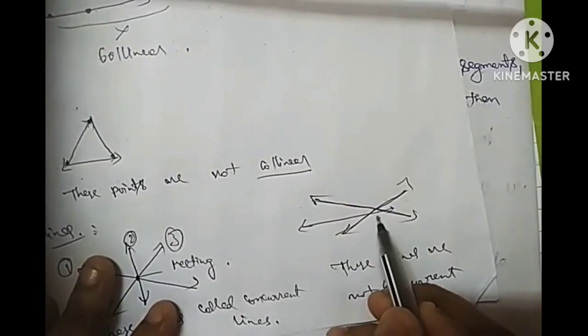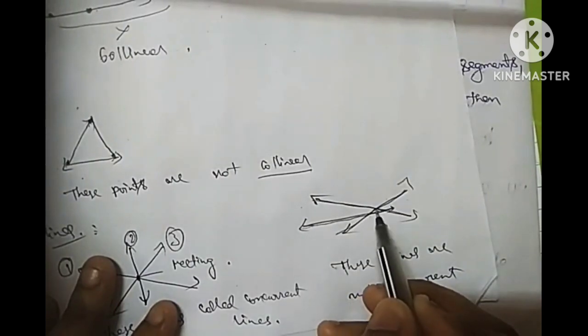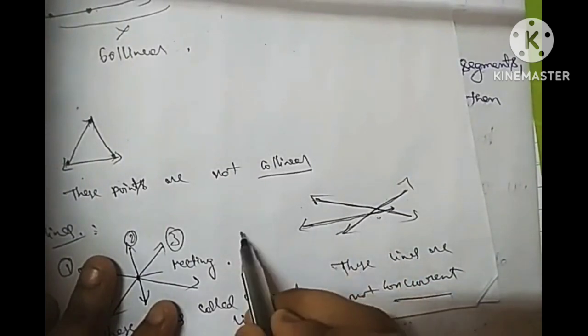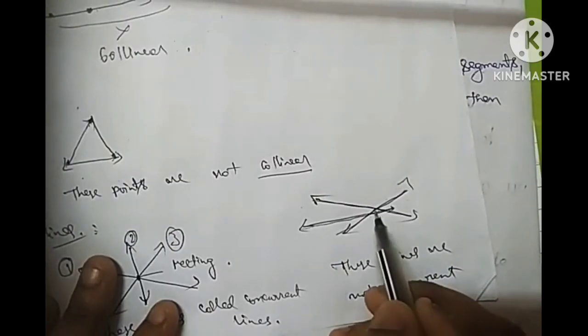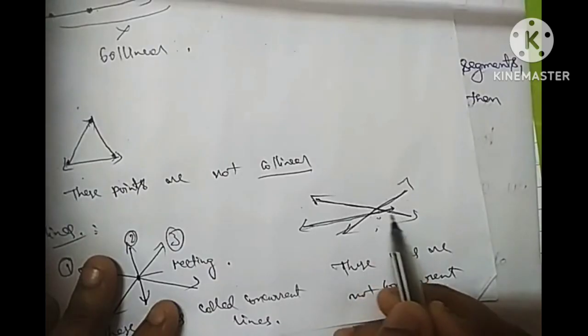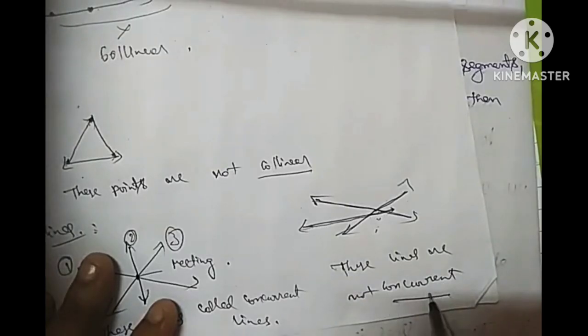Understood? Because here there is no particular meeting point of three lines, only two lines are meeting. But for concurrent lines, three lines or more than three lines should meet at a particular point. So that's why here only two lines are meeting and the third line is not meeting with them, so these lines are called not concurrent.